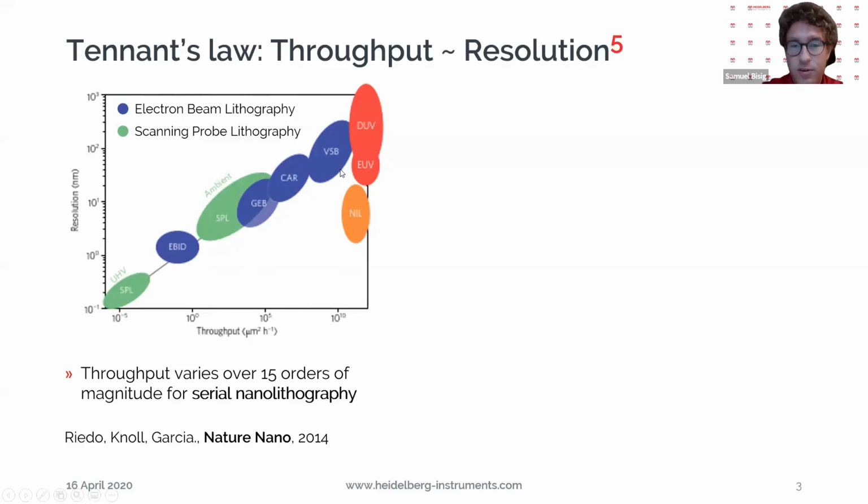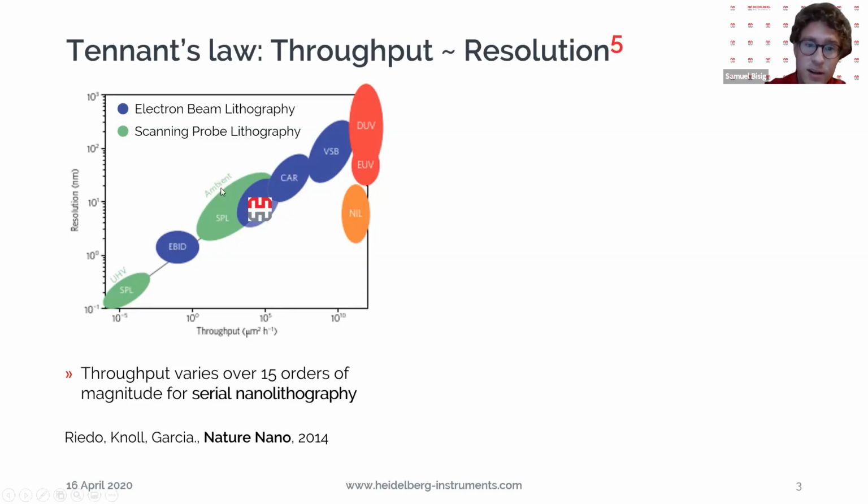Depending on the process and the e-beam used, you can have a different patterning regime. The same is also true for scanning probe lithography, which is our technology. You can see that scanning probe lithography also covers a range of basically 10 orders of magnitude. And we do not need a high vacuum, we are just in the ambient range and more on the higher throughput side.